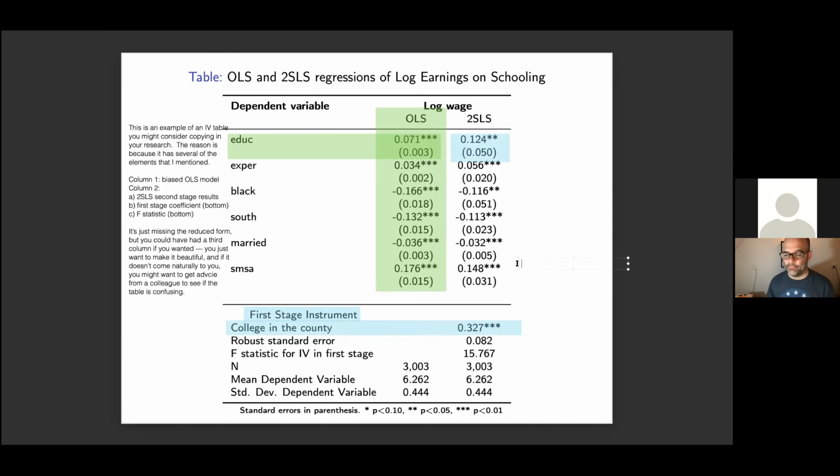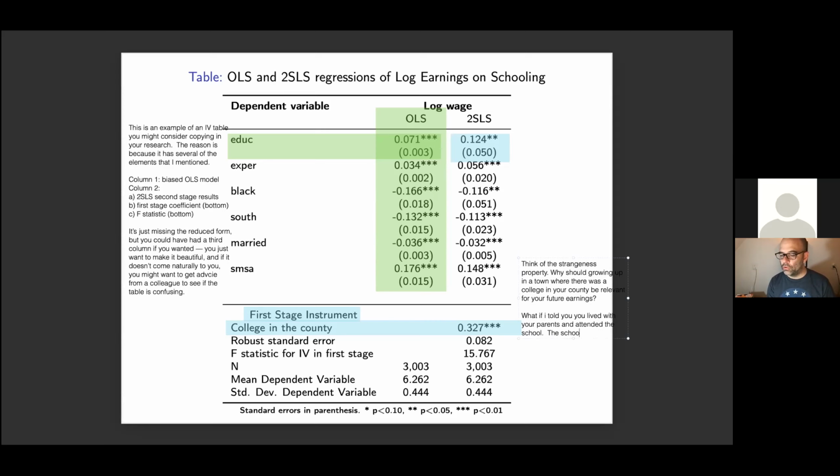Okay. So again, think of the exogeneity property. Why should growing up in a town where there was a college in your county be relevant for your future earnings? Well, what if I told you that you lived with your parents and attended the school?